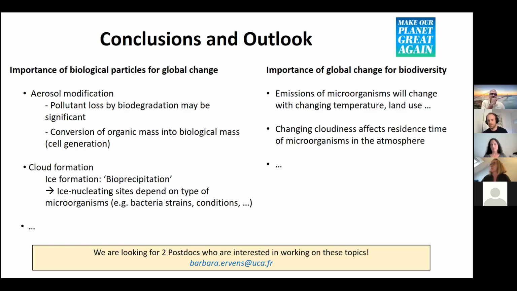Mm-hmm. So I mean, it applies to any particle. So really the residence time mostly depends on their size. I mean, a really large particle will fall down sooner than a very light particle. Mm-hmm. Okay, yeah, it was more a comment.